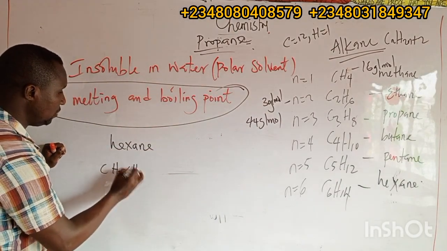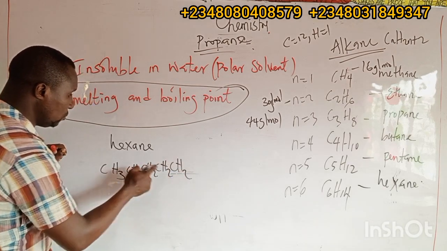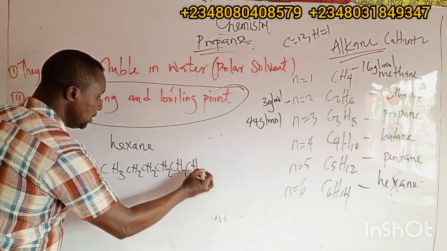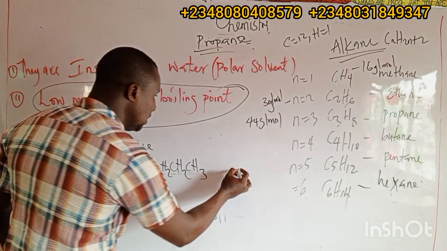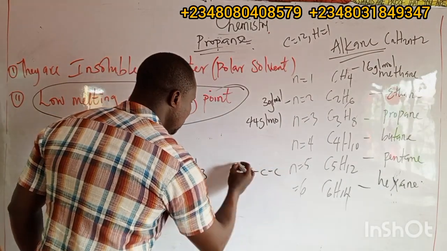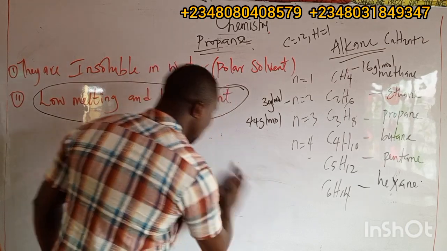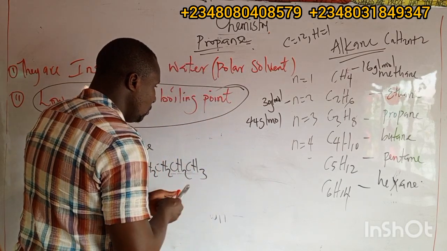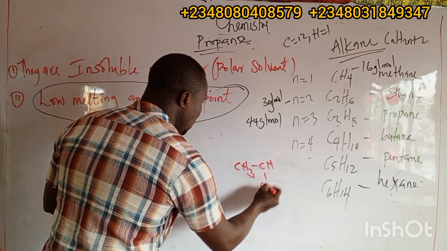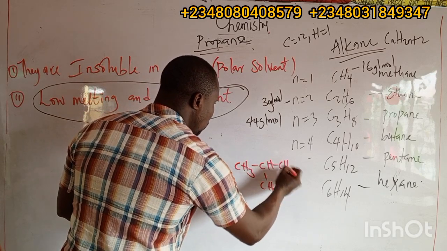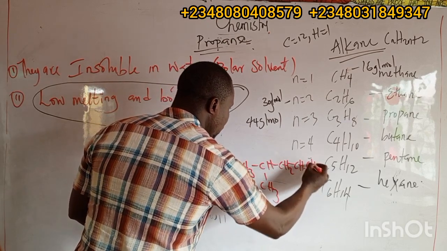CH3, CH2, CH2, CH2, CH2, 1, 2, 3, 4, 5, CH3. This is a long chain. Then when you have a branch, CH3, CH, CH3, CH2, 1, 2, 3, 4, 5.